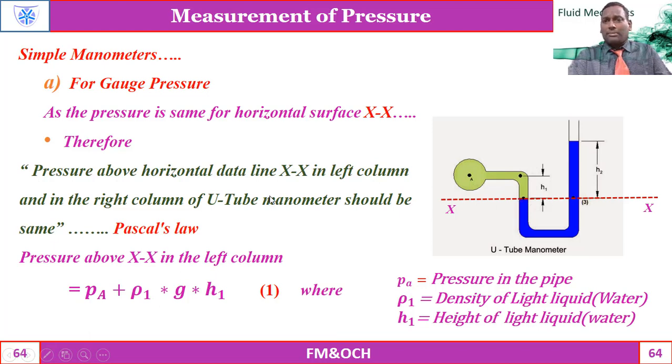Now, if I want to know the pressure above the datum in the left column, I must add PA, the pressure I am interested in, plus, for the left column, let H1 be the height of the light liquid, with density ρ1 and g. So equation 1 shows PA plus ρ1 g H1, the height of the light liquid.